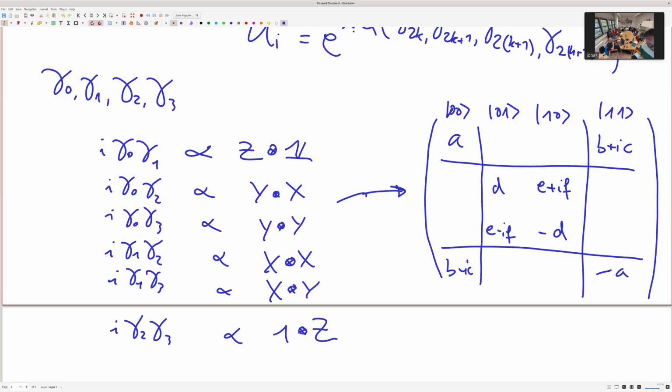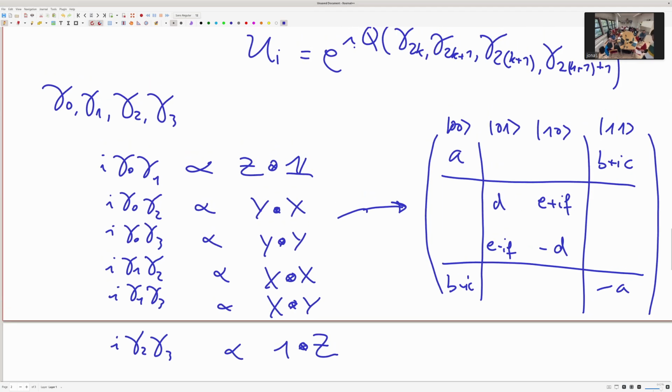that looks like this, where you see that this matrix is block diagonal in two blocks, one involving 00 and 11 and the other 01 and 10. And inside each of these blocks, you get basically the most generic traceless Hermitian matrix. So if we now want to write u in this basis, u is the exponential of i times this.